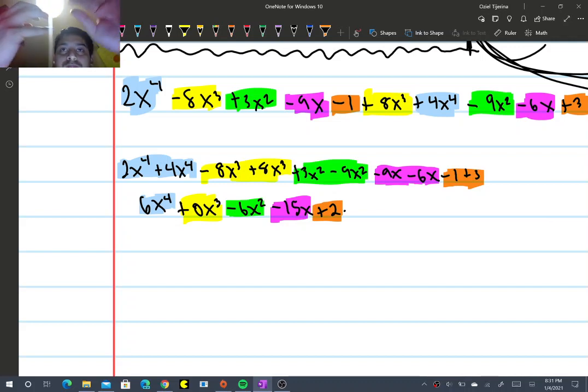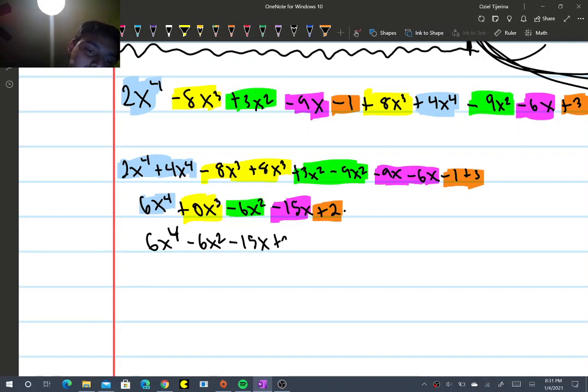But for adding and subtracting polynomials, whenever you have a 0x to the something, you just get rid of it, okay? 6x to the 4th minus 6x squared minus 15x plus 2, okay? And that would be our answer.